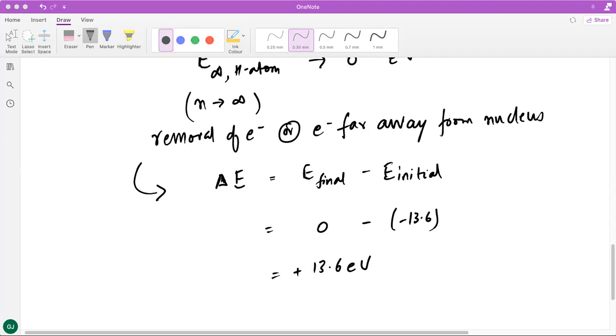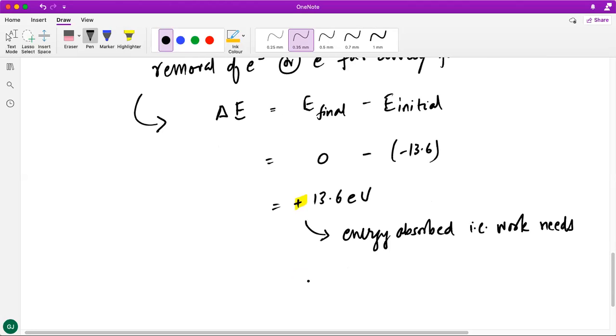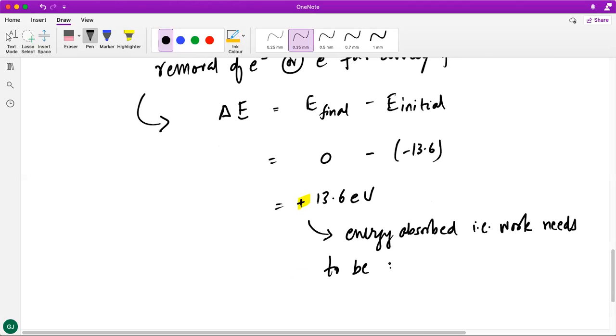And what does this signify? This signifies that this much amount of energy has to be supplied. This is energy absorbed, that is, work needs to be done to remove electron from atom.